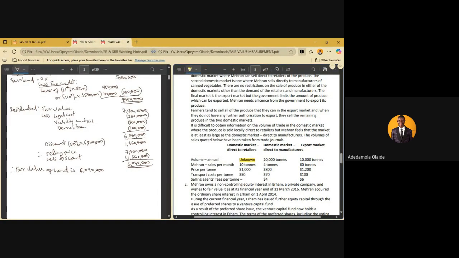So in this case, they did not tell us what the principal market is. And the most advantageous market, we've also not been able to know, because they told us the volume in the direct to retailers market might be the same as the volume in the direct to manufacturers market.